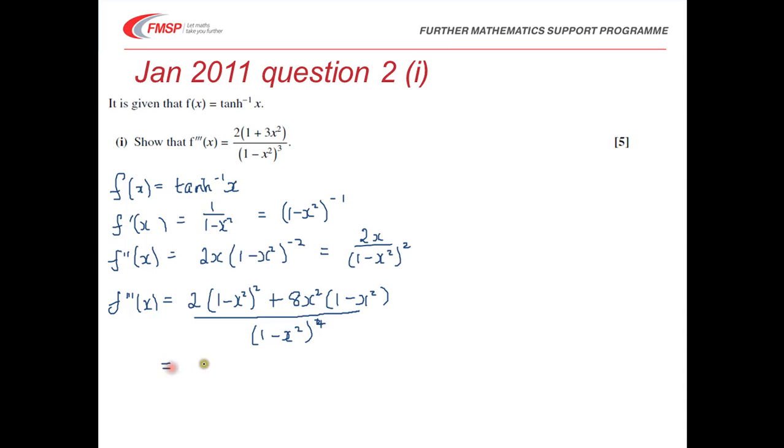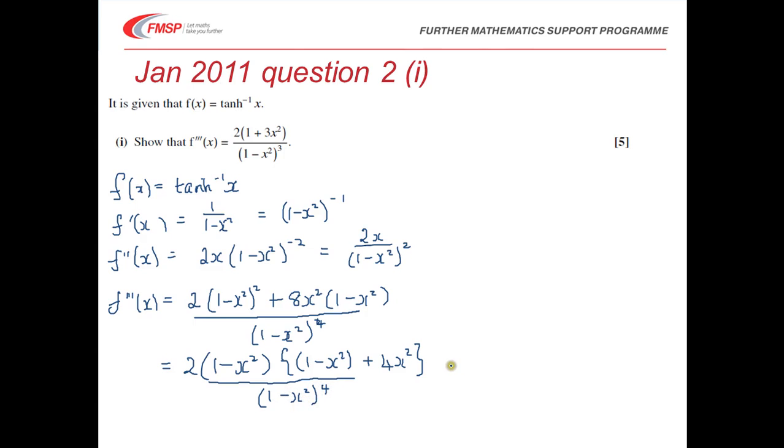So what we need to do now is try and simplify this top line and see that in actual fact there is a common factor of 2 lots of 1 minus x squared, and we can take that outside the brackets, and inside the brackets we'll get a 1 minus x squared from that first term, and then we'll get a 4x squared from the second term, and that's still over 1 minus x squared all to the power of 4.